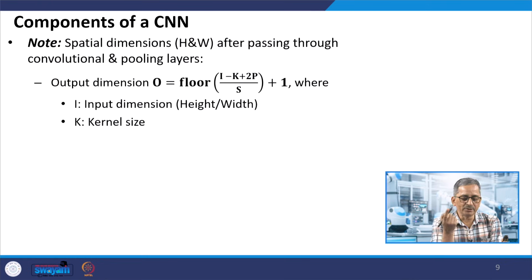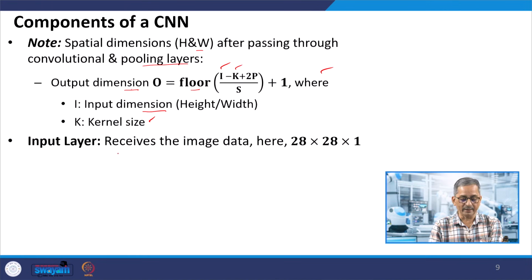The spatial dimensions, that is the height and width, after passing through a convolution and pooling layer, we can get using this formula. The output dimension is equal to the floor of (I minus k plus 2p) by s, plus 1, where I is the input dimension, and k is the kernel size, that is the filter which I discussed in the previous slide.